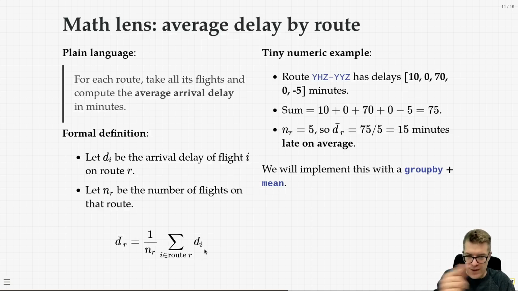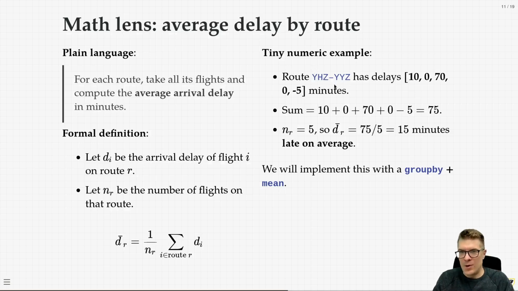For every individual flight that goes from Halifax to Montreal, we just sum up over all of them, and we divide by the total number of flights on that route. This should be no surprise to you. This is the mathematical representation of the average arrival delay in minutes. The bar at the top of D is sometimes used to represent the computed average of something. So D bar sub R just means the average delay on the route R.